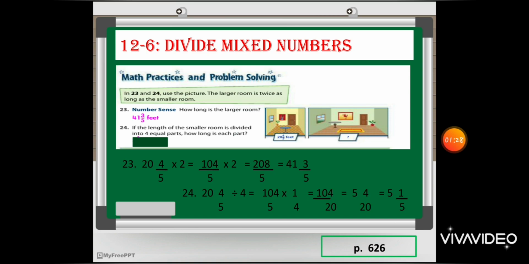So we are going to change now the equation into multiplication: 104/5 times 1/4. So it will be 104/20, or 5 and 4/20, and renaming it, we will have 5 and 1/5 feet.